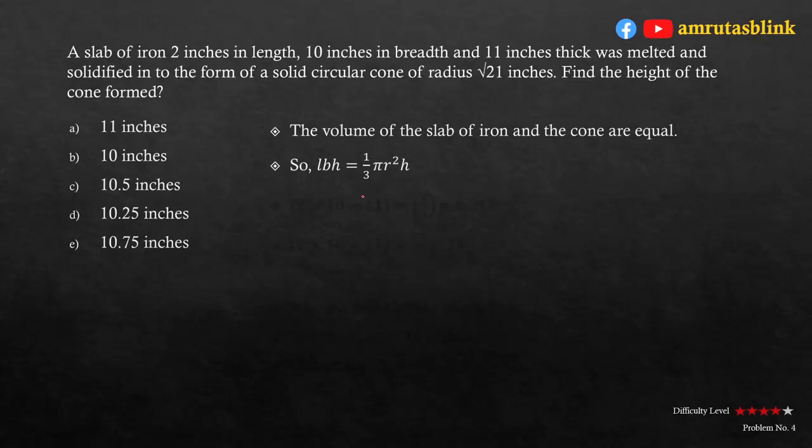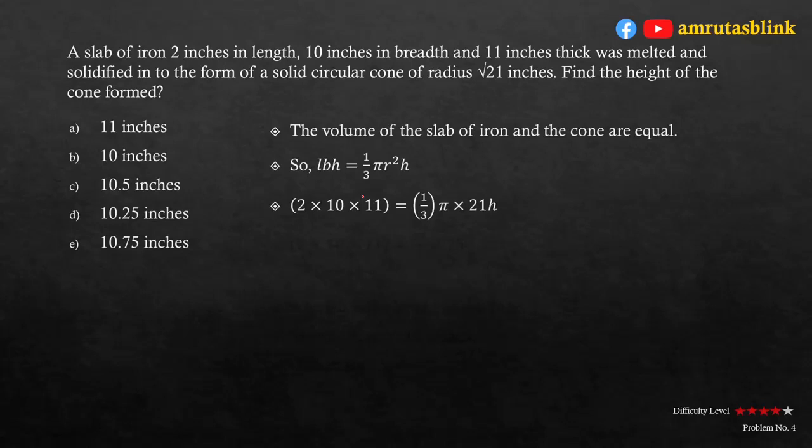Now the same slab is melted and converted in the form of a cone. So we can say that volume of the slab of iron and the volume of the cone which is getting formed are equal. Now volume of the slab is LBH and volume of the cone is 1 by 3 pi r square h. So we will write down LBH is equal to 1 by 3 pi r square h.